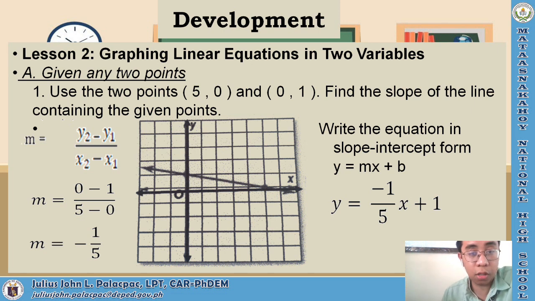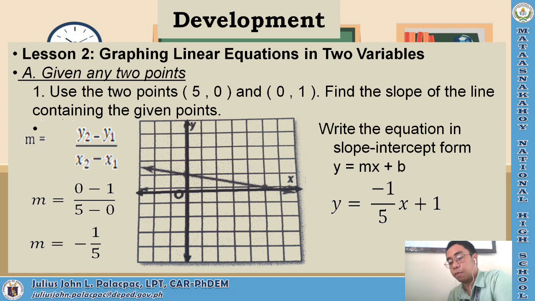So first is given any 2 points. Use the 2 points (5, 0) and (0, 1). Find the slope of the line containing the given points. So we have 2 points, (5, 0) as x sub 1, y sub 1 and (0, 1) as x sub 2, y sub 2. So we are looking for the slope.